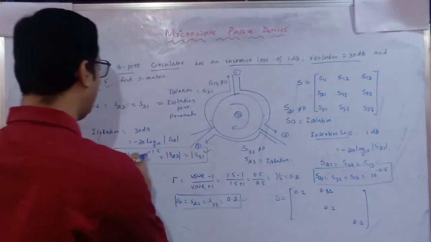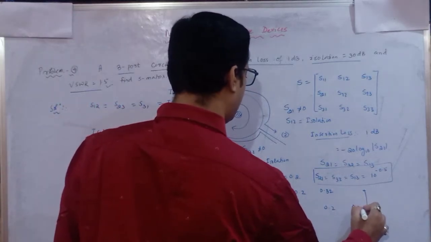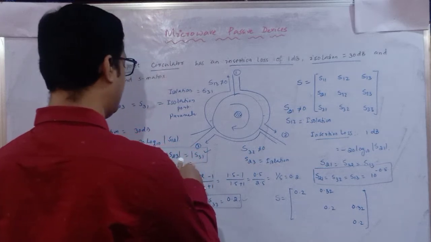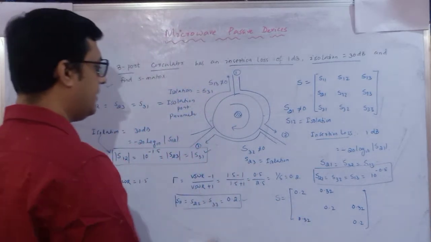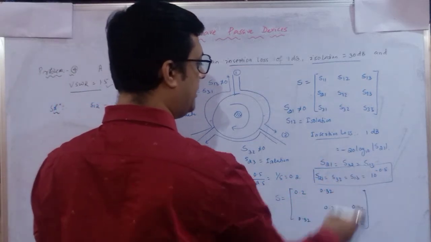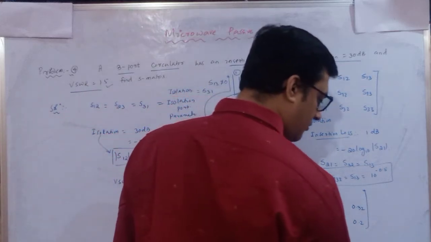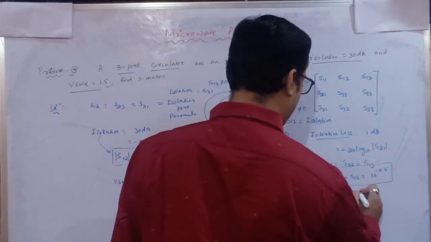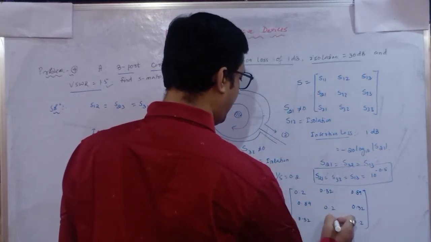That means S12 is this, S23 is also 0.32 and S31 is also 0.32. Next, S21, S32 and S13 are 10 to the power minus 0.5. If you calculate it, you will get around 0.89. So this is 0.89 and this is 0.89.